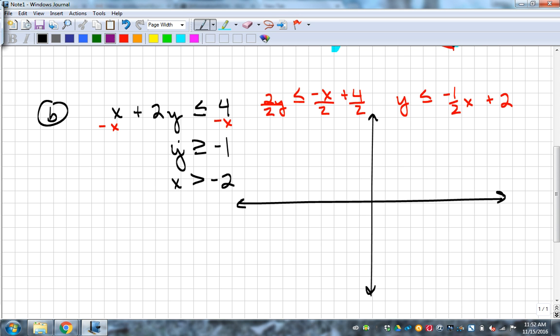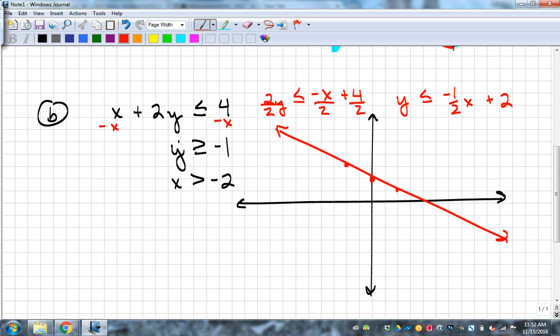So that first one, y is less than or equal to -1/2 x plus 2. What's the y-intercept? 2. So we're going to go to 2, and we'll go down 1 over 2, or up 1 left 2. Would that be a dotted or a solid line? Solid line. Can I test 0, 0?